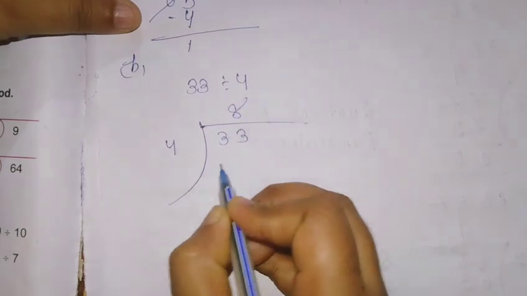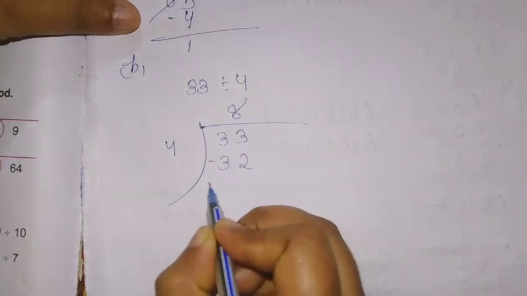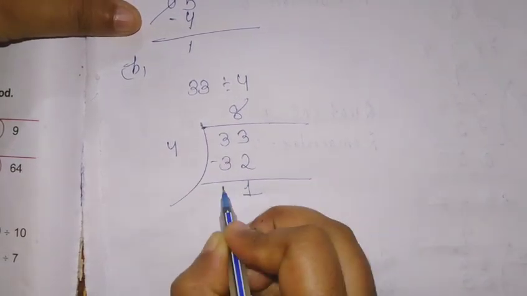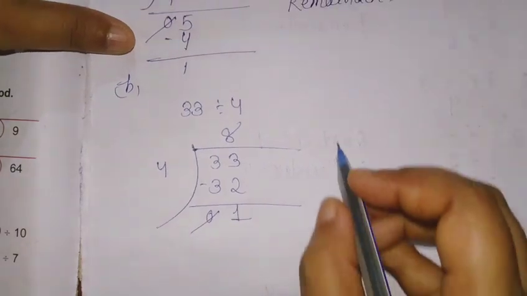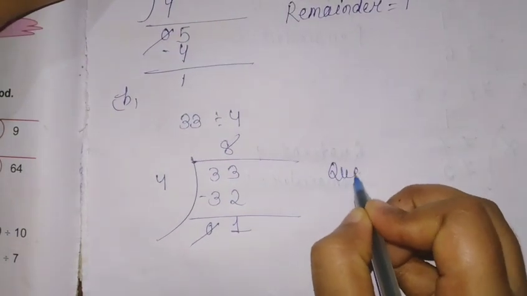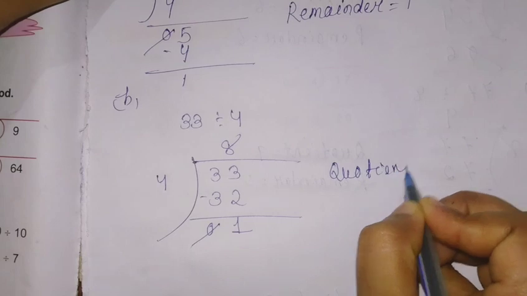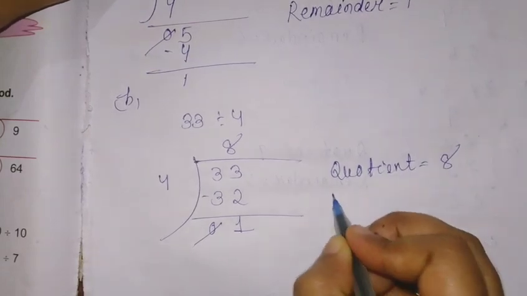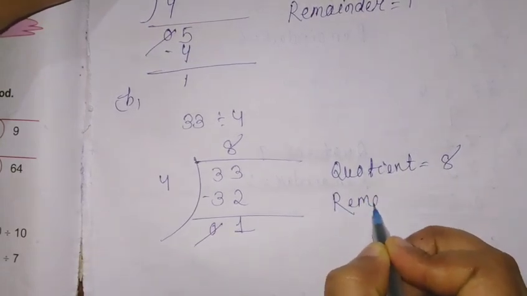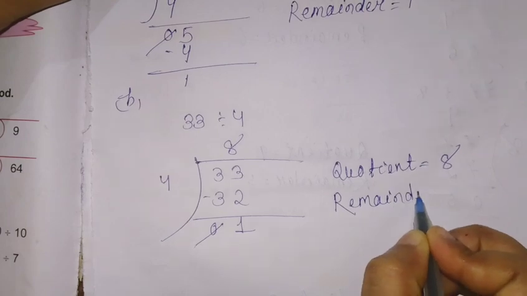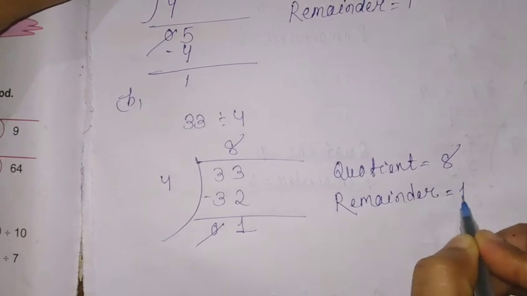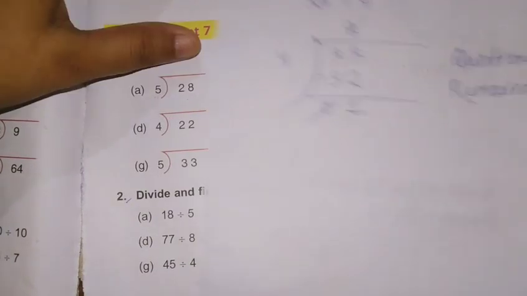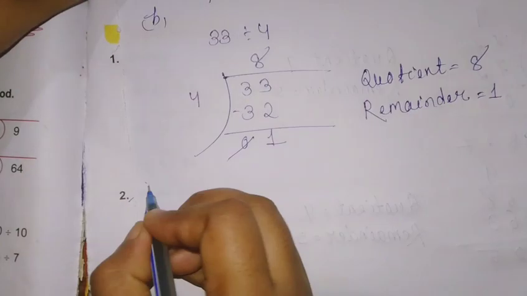Then 4 eights are 32. Then 3 minus 2 equals 1, 3 minus 3 equals 0. Here we get quotient equals 8 and a remainder equals 1.